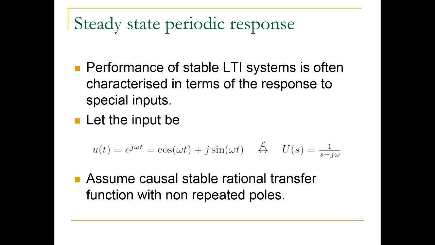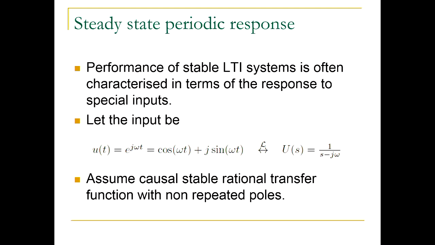Now, in order to prove the first fact, which is basically steady state periodic response, we want to use a test input. In this case, let's use the test input e^{jωt}. By the way, this input can be represented as a sum of cosine ωt and j sine ωt, using the Euler formula. Don't be alarmed that I'm using a complex input, because I can't really implement this in reality.